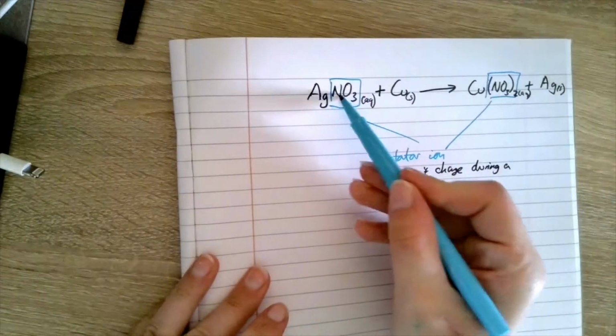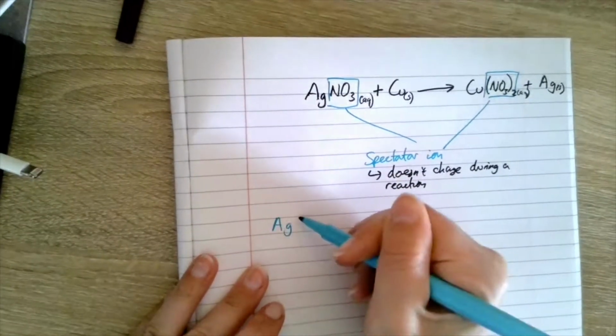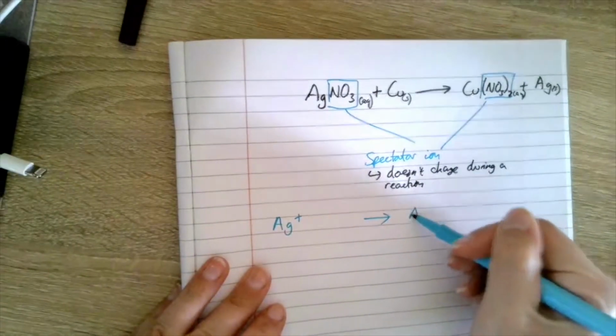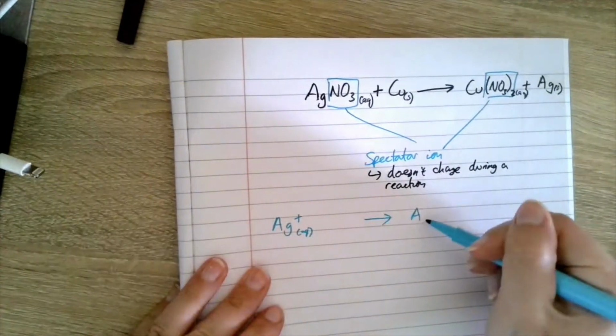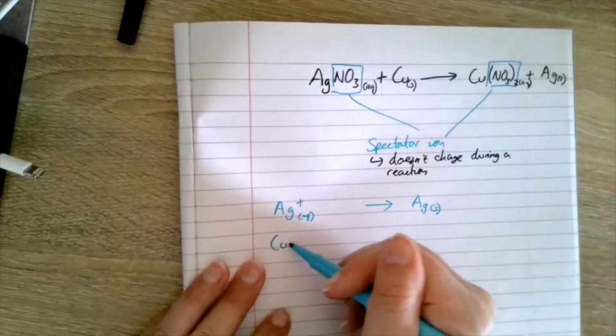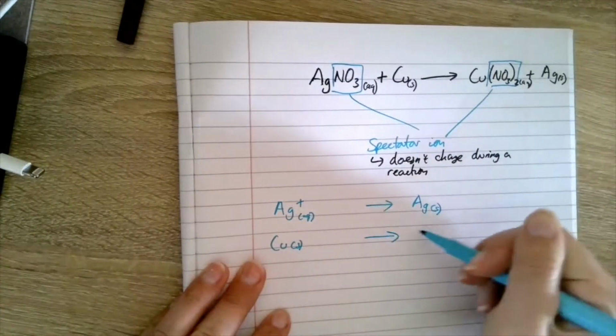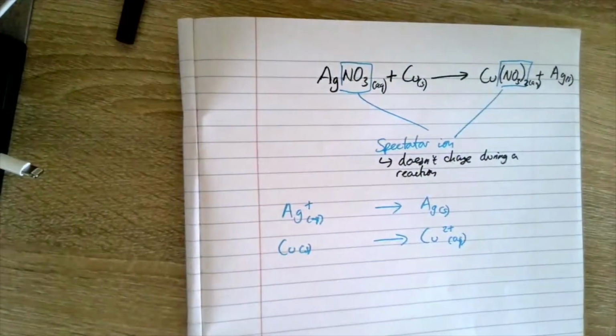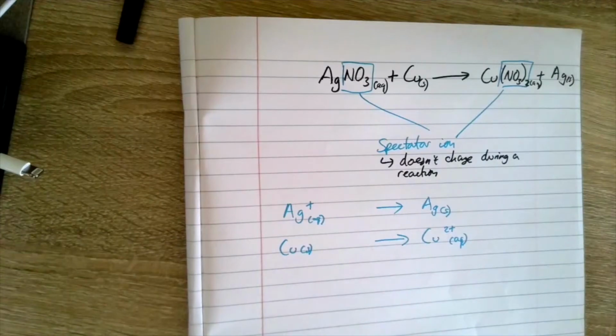Whereas our silver has gone from being Ag plus in aqueous solution to Ag solid, and our copper has gone from being a solid to Cu2 plus in aqueous solution. So what's happened in each of these cases?